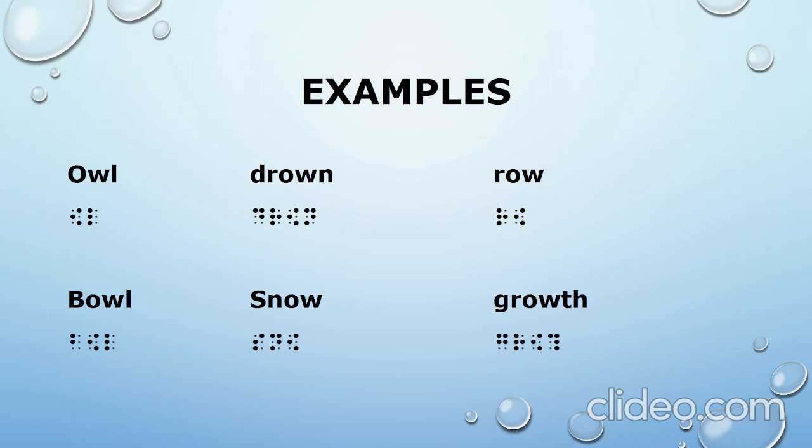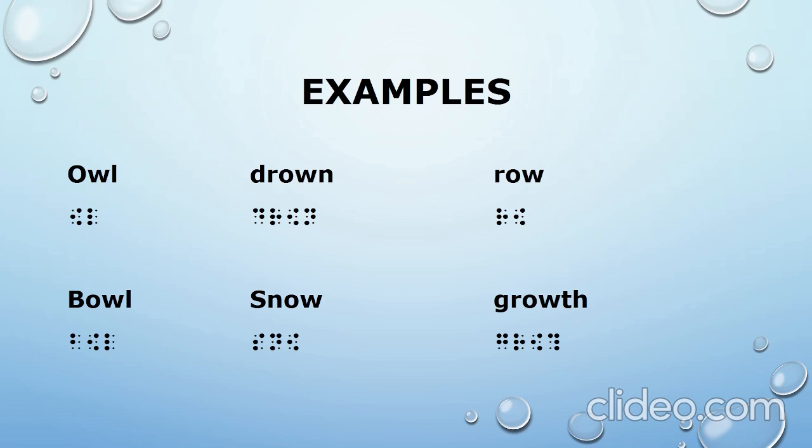Then we have bowl, B, the contraction of OW, that is dots 2, 4, and 6, and then letter L. Snow, SN, and then dots 2, 4, 6.